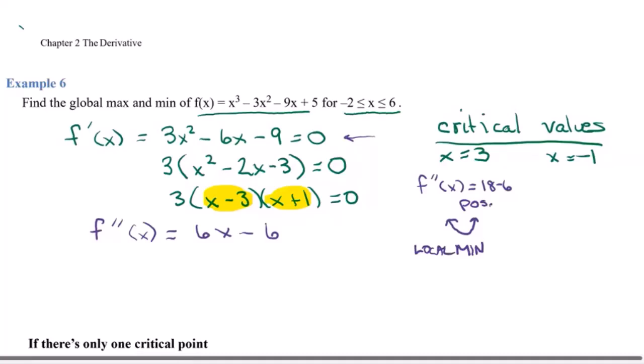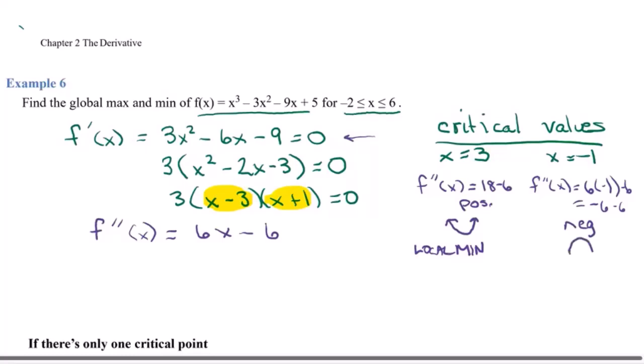At x equals -1, we have f double prime of x equals 6 times -1 minus 6, which equals -6 minus 6, which is definitely negative. Do we really care about the value?